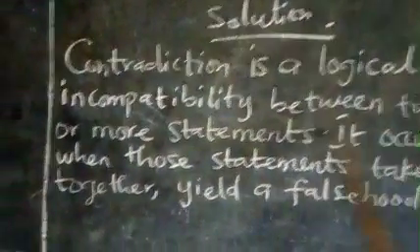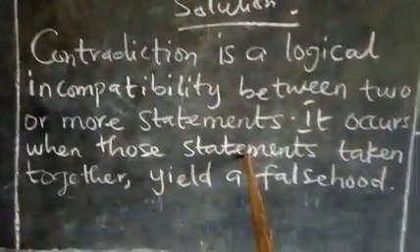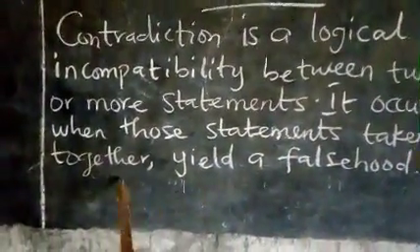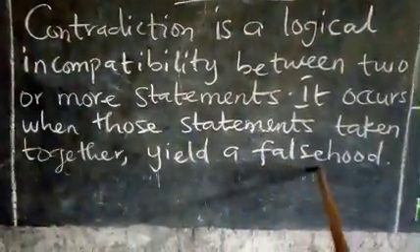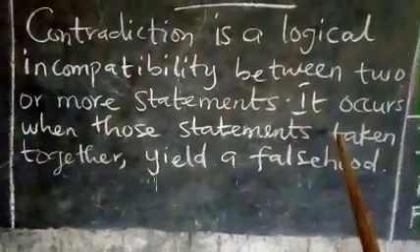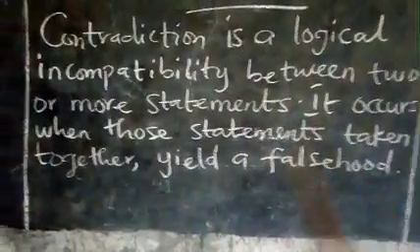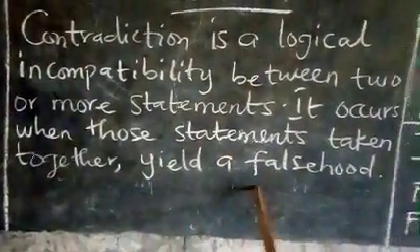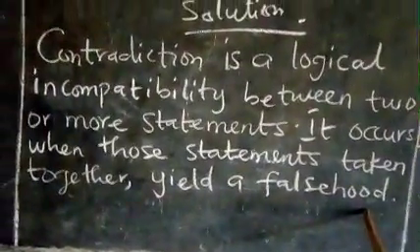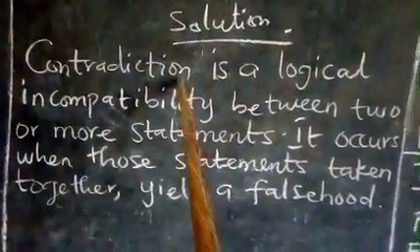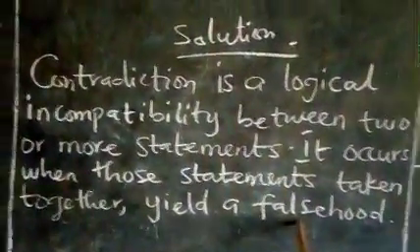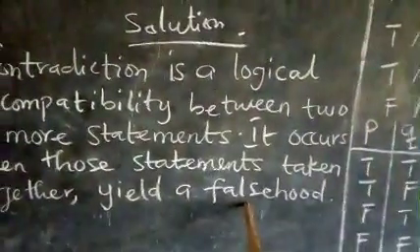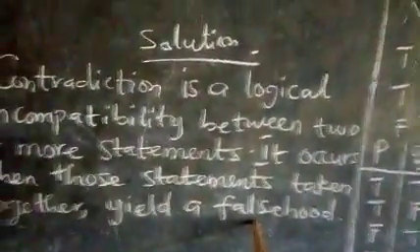It occurs when those statements taken together yield a falsehood. That is the definition of contradiction. Once we know this, the rest will be easy.